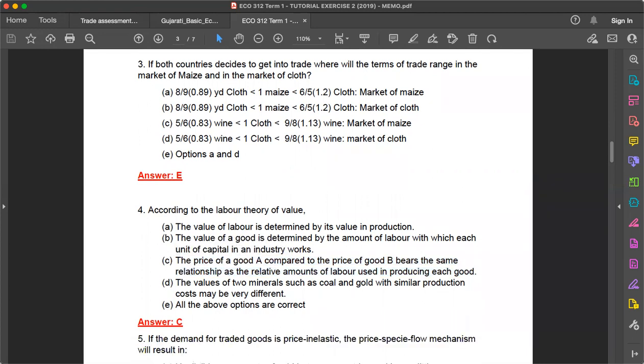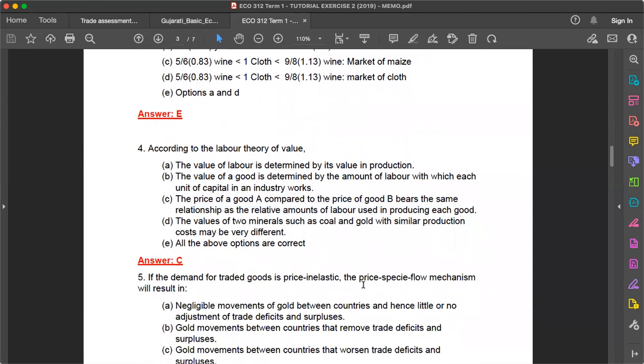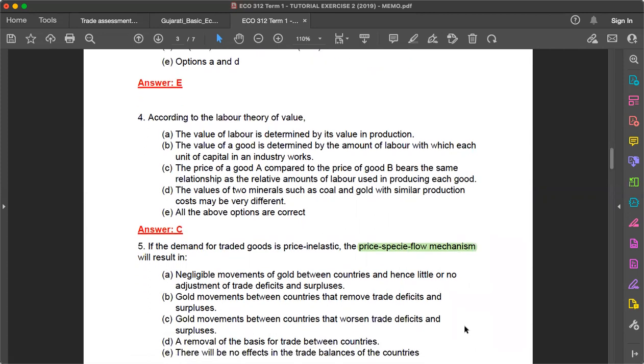Right. Then if the demand for traded goods is price inelastic, the price specie flow mechanism, very important. Please pay attention to this concept. It might come up as a long question or a short question. Just watch out for this. Know what this means, the price specie flow mechanism.